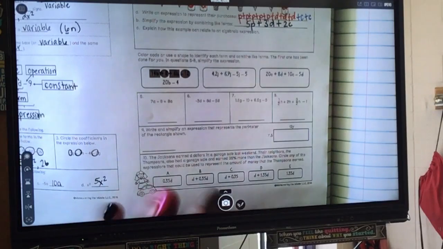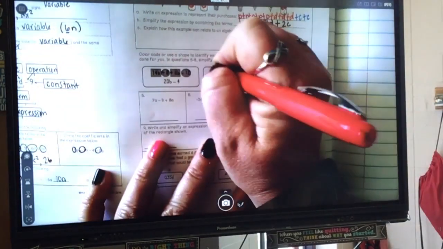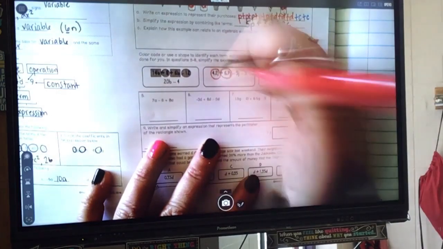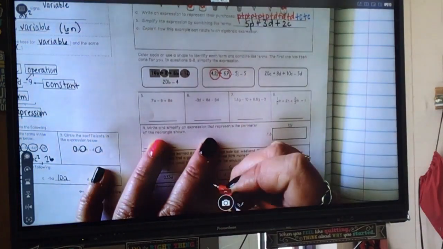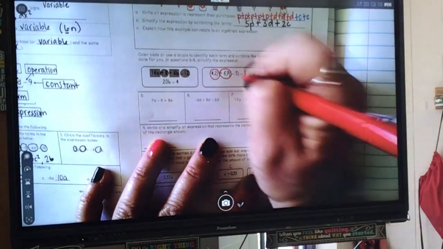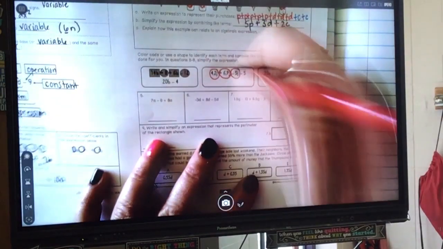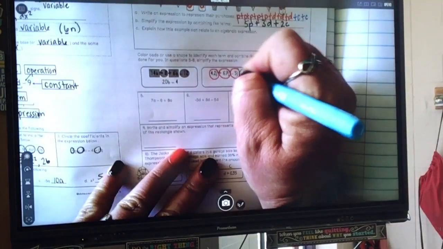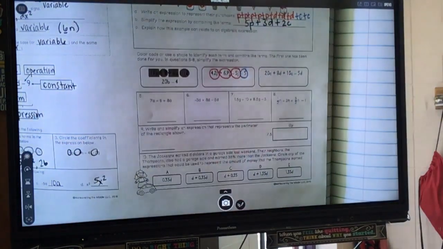Christian? 4.2, plus 6.7. Anything else? Also negative 5j. All right, we can add those three together, and this minus 5 is by itself, but it's still part of our problem.